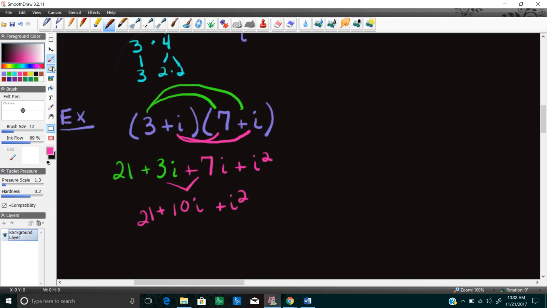Let me write that a little bit better. And you'll notice that this one doesn't have any kind of square root. However, it does have an I squared. So I can actually do something with that. To understand that, though, I'm going to have to back up to the top and kind of show you something.